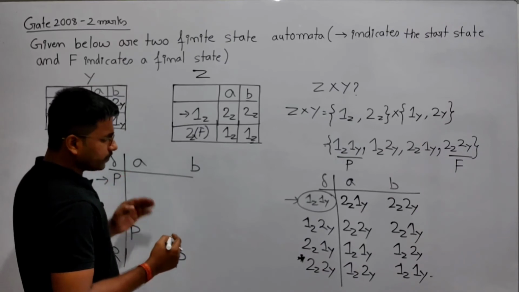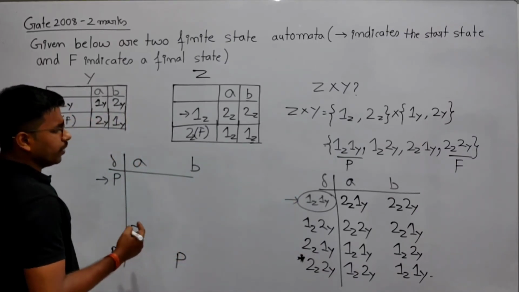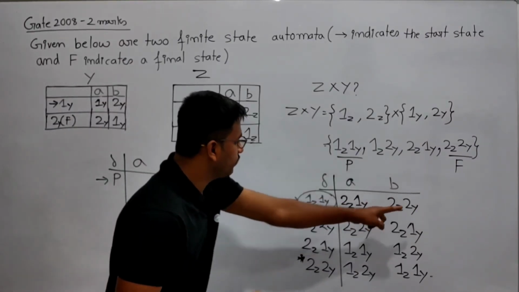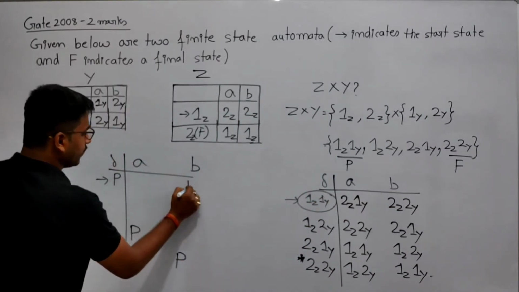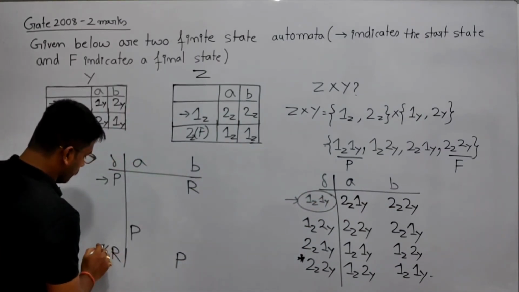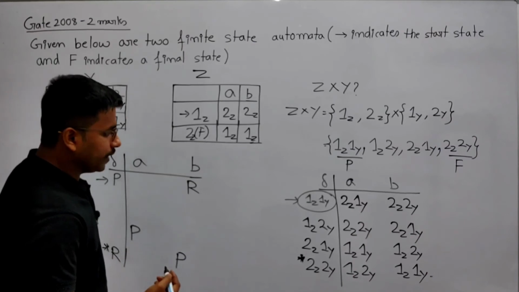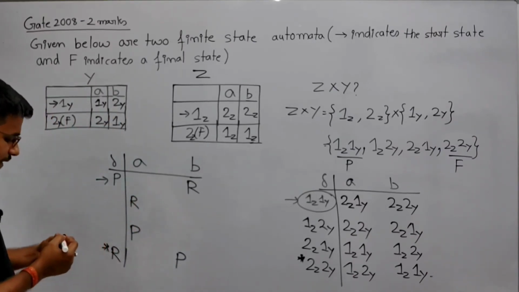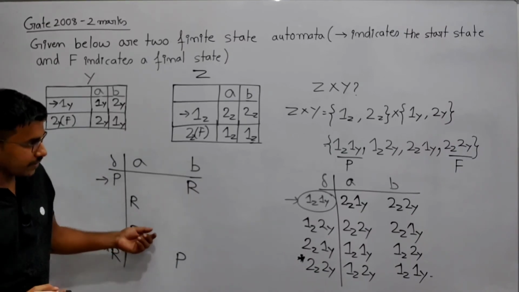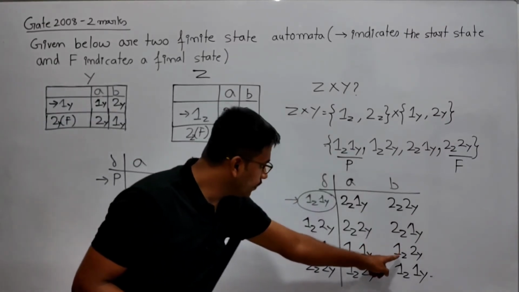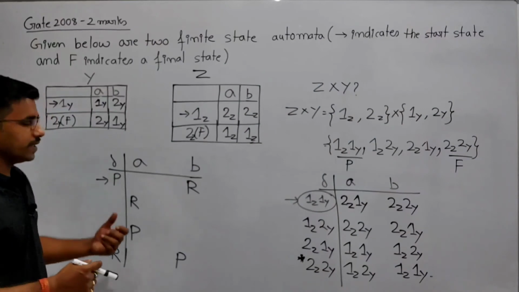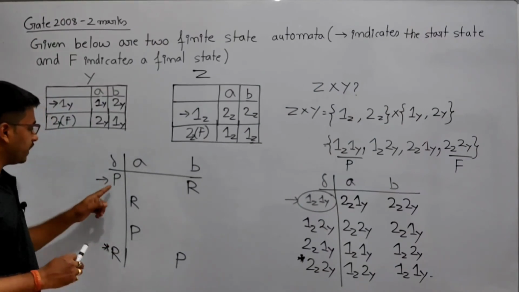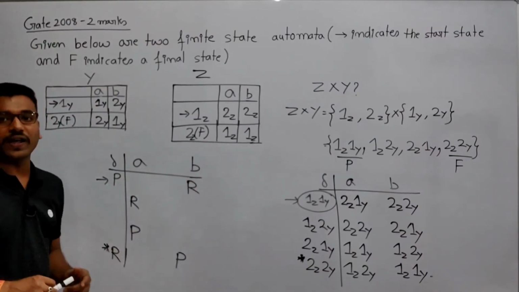Now on getting A, it's going to 2z 2y whenever it's R. Okay, so this is the final, 2z 2y is the final. If you see the options, nowhere is 2z 2y inside except option A, where on getting A the initial state P goes to the final state.